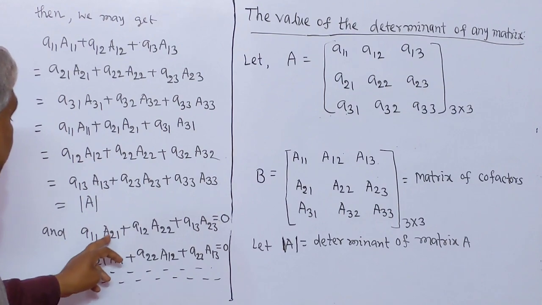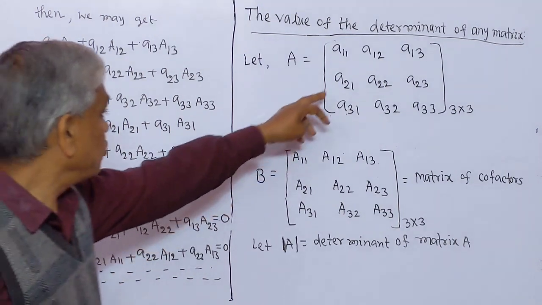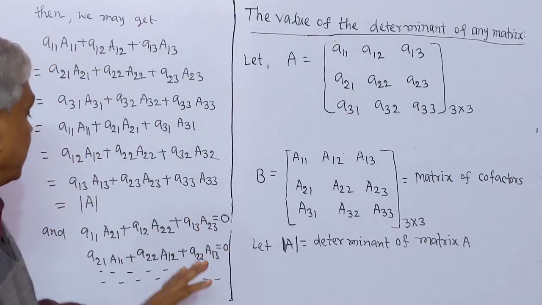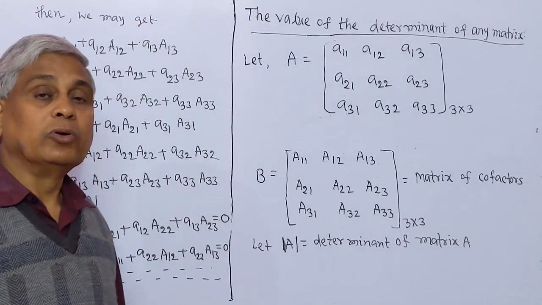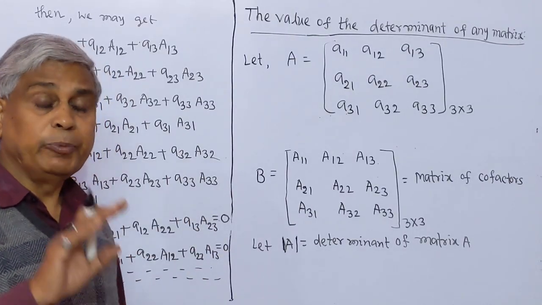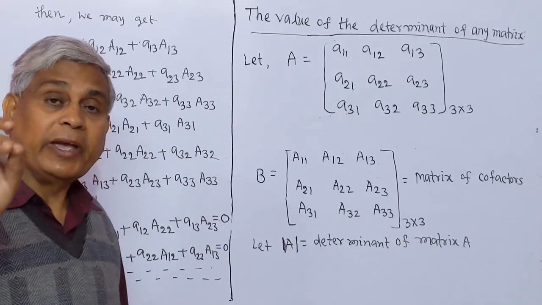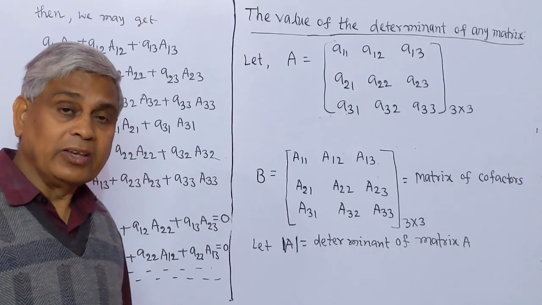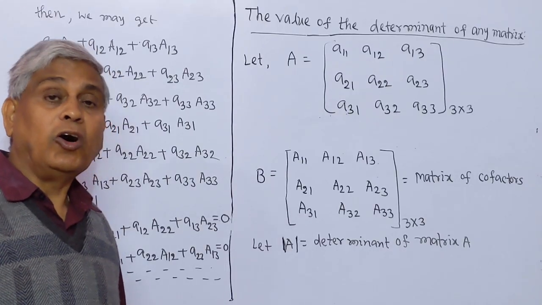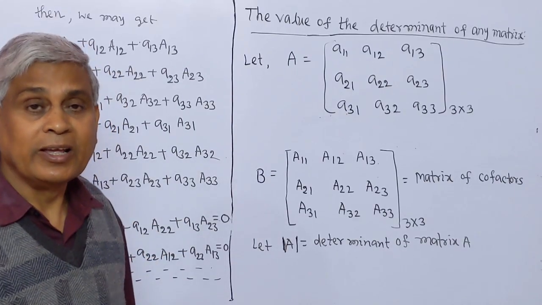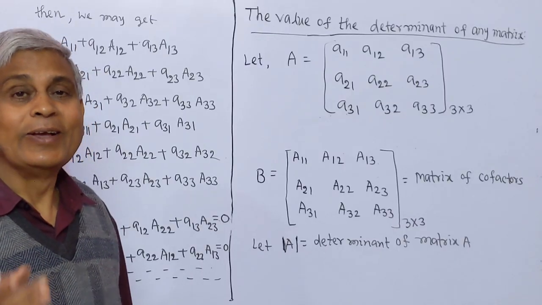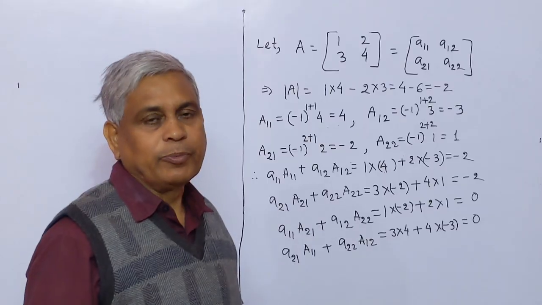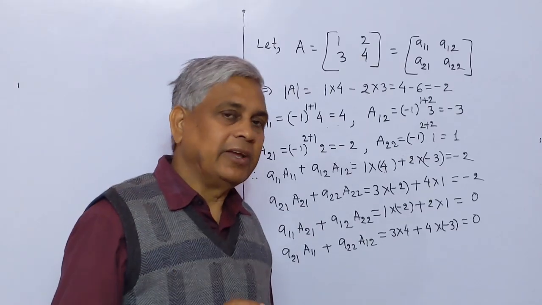Small a11 multiply capital A21 means cofactor of this element, and the value will be 0. So if we take elements of any row and then scalar multiply with cofactors of other rows, then we get value 0. By a particular example, we may describe it.